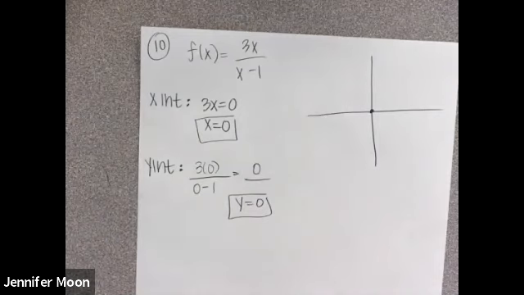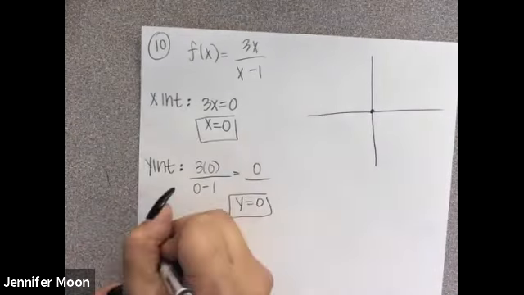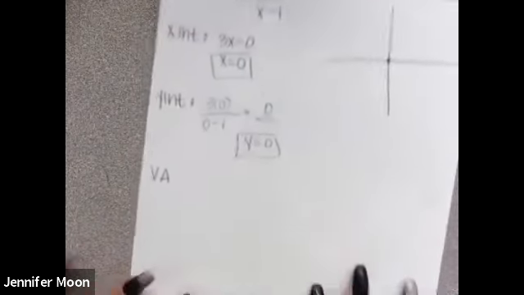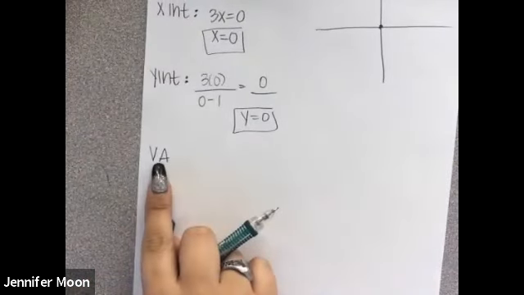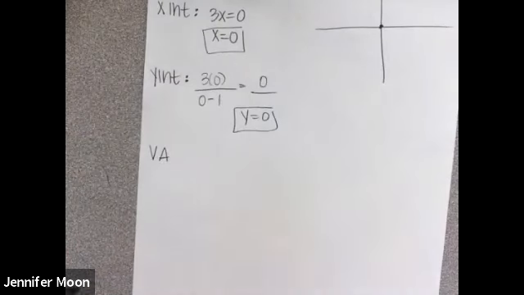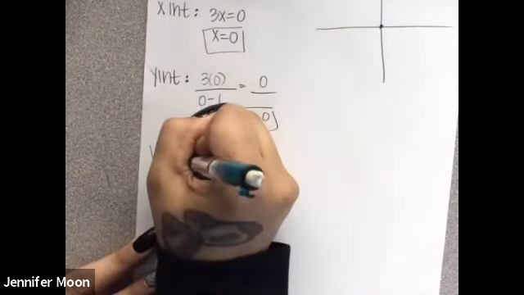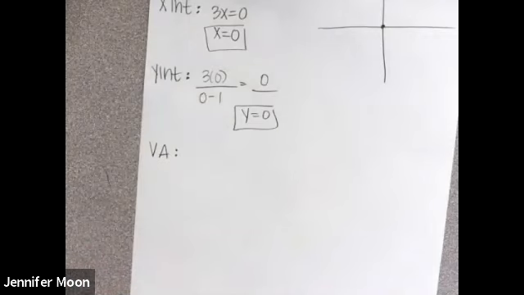So now we need to find the asymptotes. VA, vertical asymptote. Okay, I'm trying to not write too much right now. So we learned that the vertical asymptote was found by setting our bottom equal to 0, right? Our denominator equal to 0.